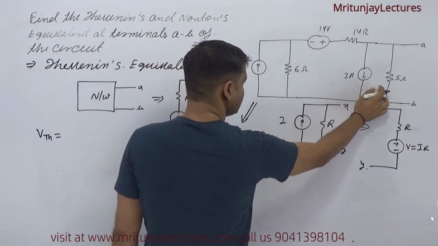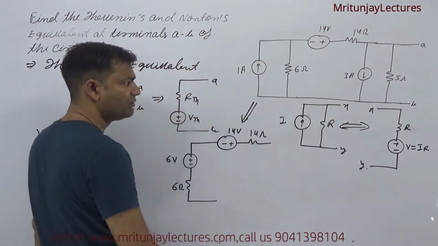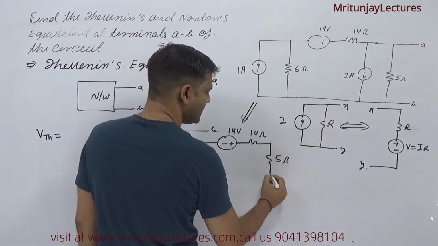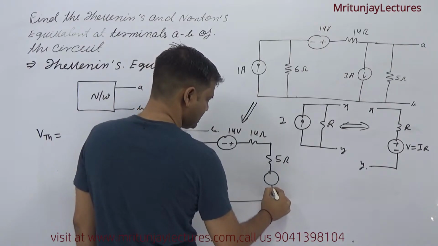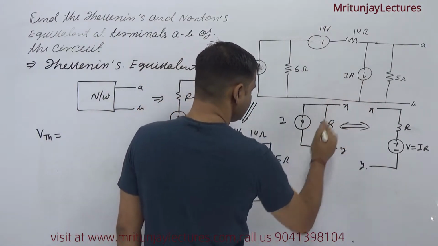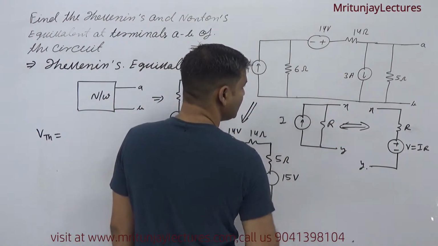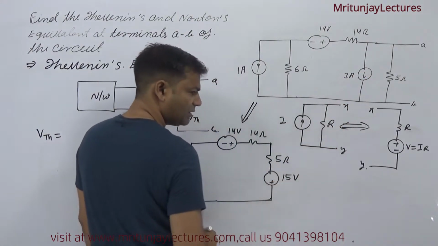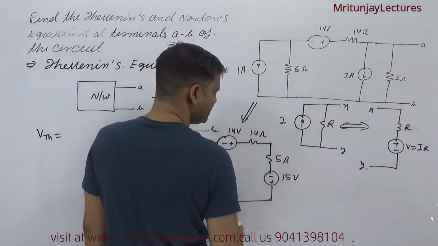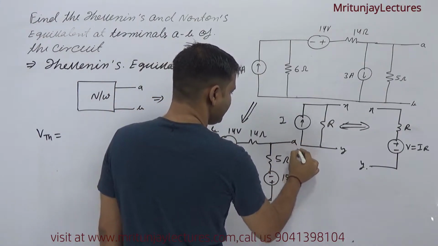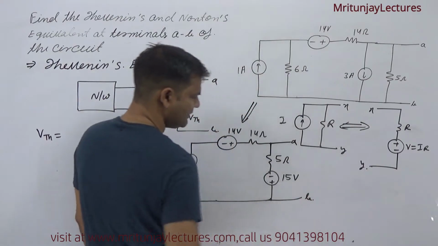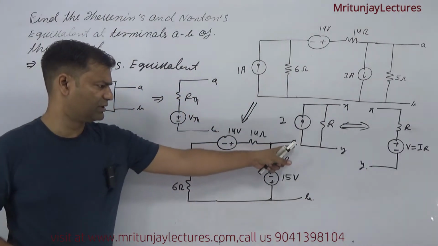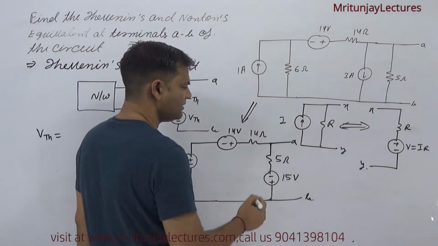And this one is also converted: 3 into 5, the resistance is 5 ohm, and 3 into 5 is 15 volt. What about the direction of current? It is downward, so the lower terminal is positive and the upper terminal is negative, and that is A and that is B. Clear?